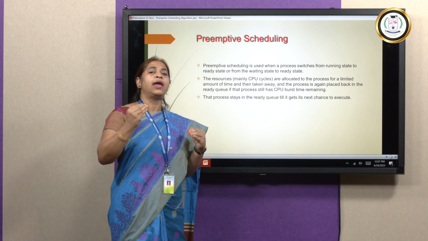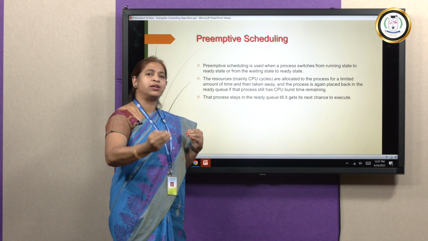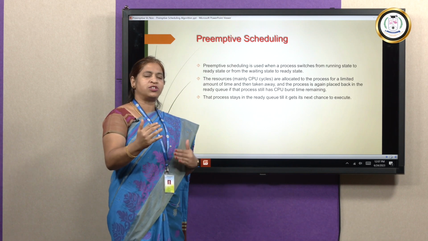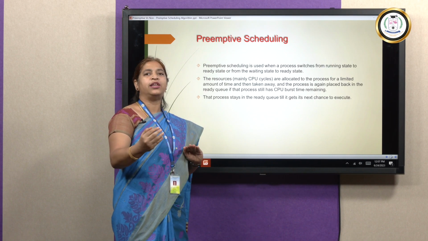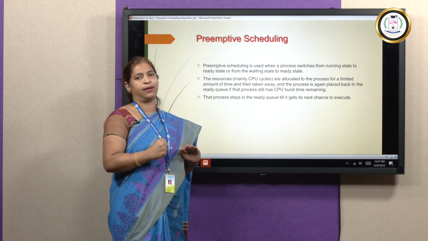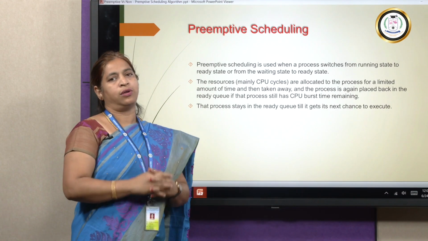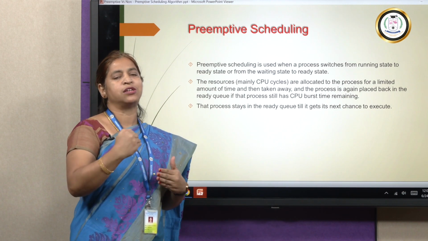By the time any process with the shortest burst time arrives, then this particular running process must be preempted. That means it must be stopped, and the new process should be taken. The scheduler will allocate CPU to the new process, because the new process has got least burst time.